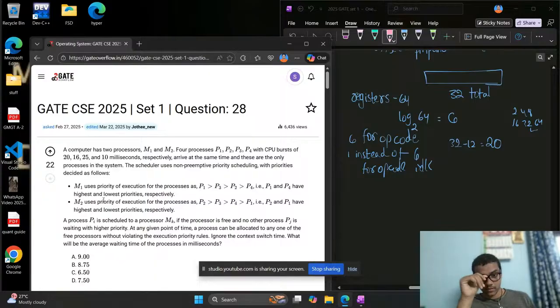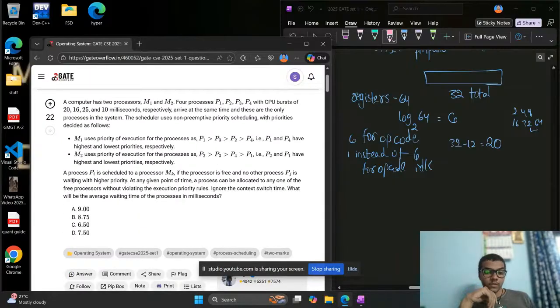Round of execution of processes: as process Pi is scheduled to processor Mk, if the processor is free and no other process is waiting with higher priority. At any point of time, a process can be allocated to any one of the free processors without violating the execution priority rules. Ignore the context switch. Find the average waiting time.